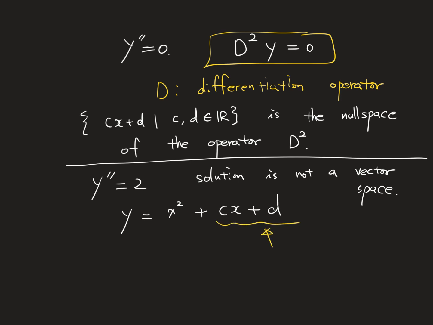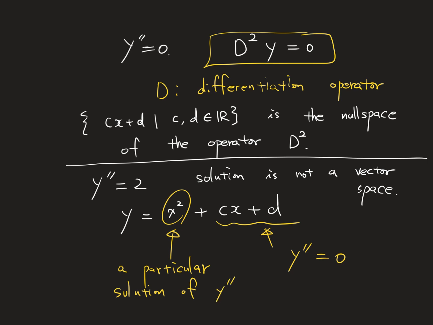This is a solution of y double prime is equal to 0. And this is a particular solution of the differential equation y double prime is equal to 2. And so we add a null space solution, and now we have the complete solution of this differential equation. But the solution is not a vector space because of the non-zero particular solution.